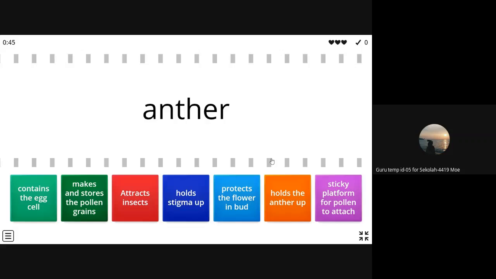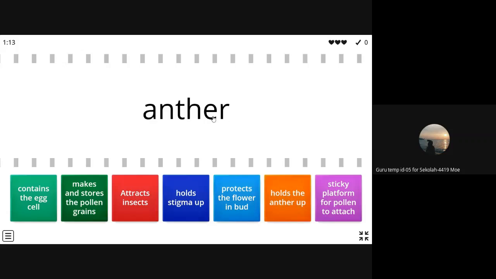Anther. Husna, are you here with us? Okay, kalau Husna tak boleh, who wants to help Husna? No one? Okay, Kumaran cakap make and store the pollen grains.